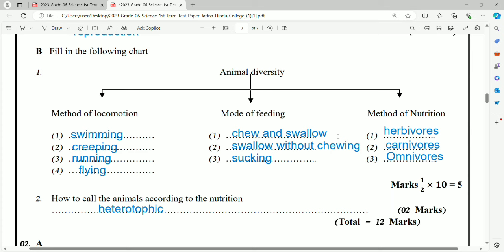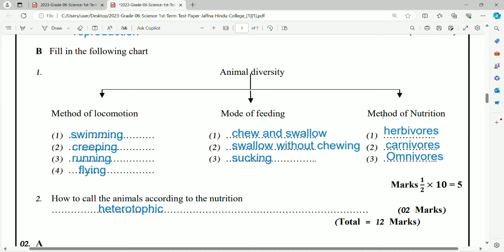Swallow without chewing: snake, frog, lizards. Sucking: butterfly and mosquito sucking blood from our body; butterfly sucking nectar from the flower.